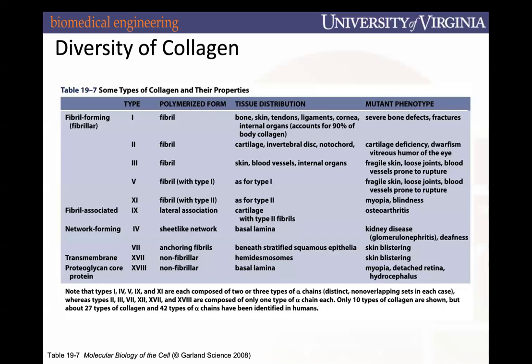Typically, the degree of tension strength they provide will inform where they are in the body. And if there is a defect with that specific form of collagen, each of them has some sort of downstream consequence. Again, not to belabor the point, but just understand that there are many different kinds of collagen with different functions and tissue distribution sites.